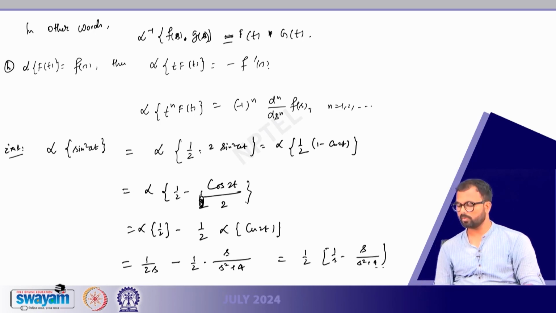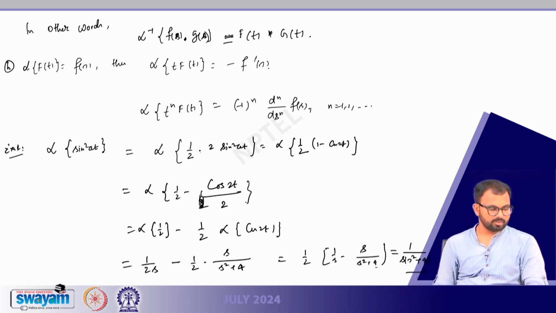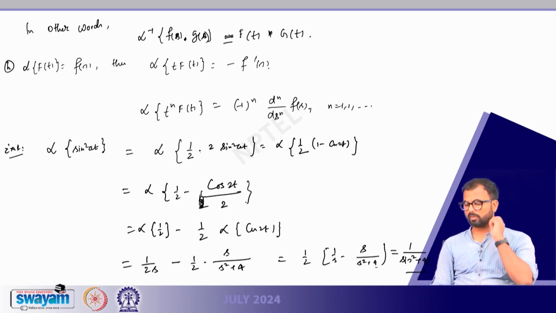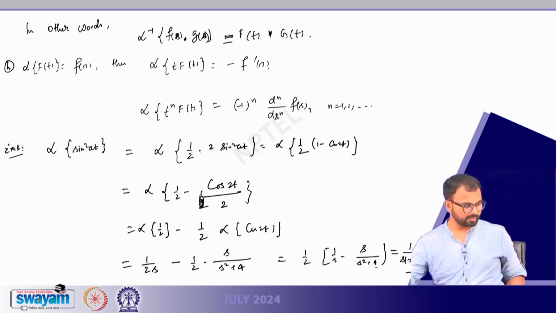So, s into s square plus 4 will become common. In the numerator we will have s square plus 4 minus s square, so it should be 1 by s square plus 4. So, this is our required Laplace transform of sin square at.